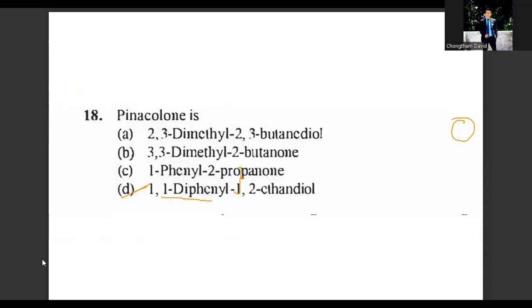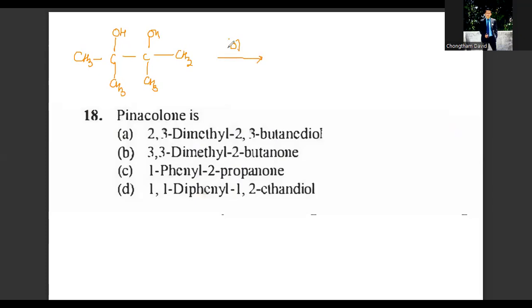Question number 18. What is the formula of pinacolone? First, you should know how to write the formula of pinacol. Pinacolone is obtained by oxidation with rearrangement of pinacol. It is a dihydric alcohol, with OH on the vicinal carbons.